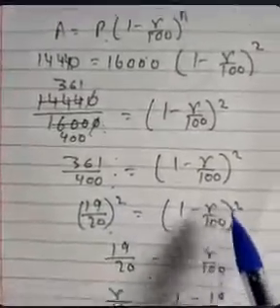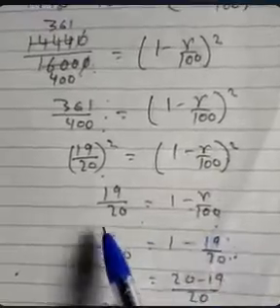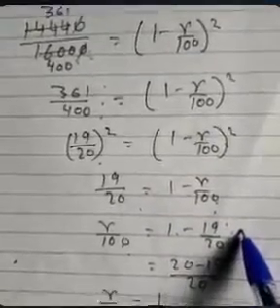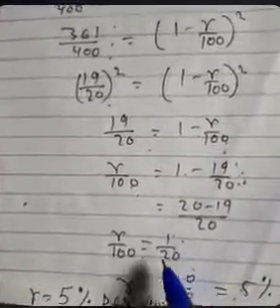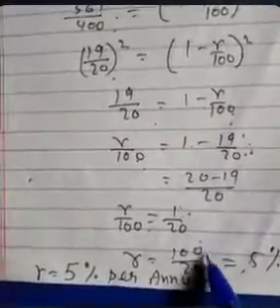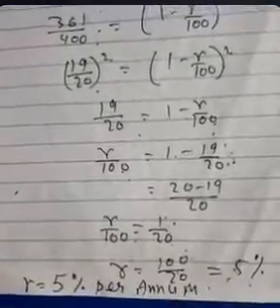Now the square is cancelled, 19 upon 20 is equal to 1 minus R upon 100. R upon 100 here, 19 upon 20 goes to the other side. Now take the LCM, 20 minus 19 is equal to 1, 1 upon 20. 100 goes to the numerator, 100 upon 20 is equal to 5%. The value of R is 5% per annum.